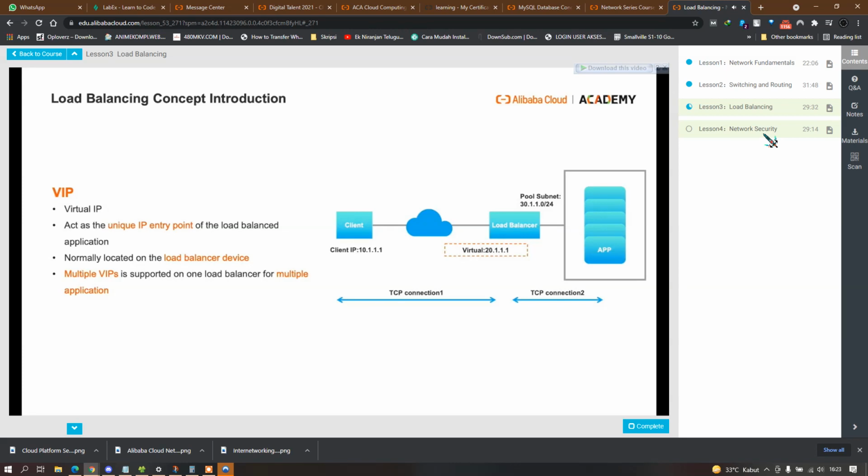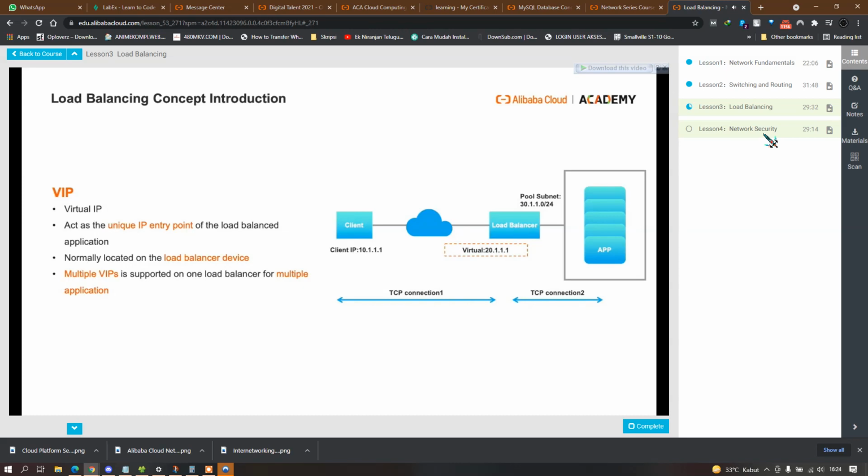And then the next point is that the VIP is normally located on the load balancing device. It is not located on the application side. It is located in the front end. So it is located on the load balancer device. And then the last point is that multiple VIPs are supported on one load balancer for multiple applications.